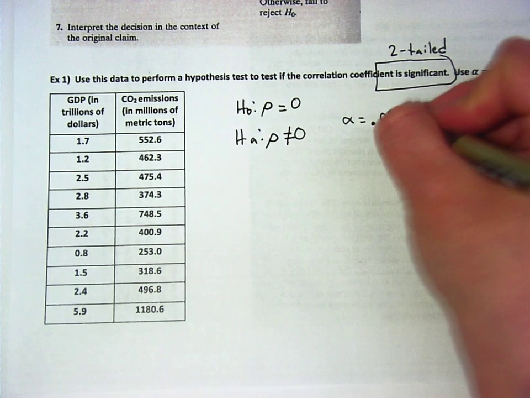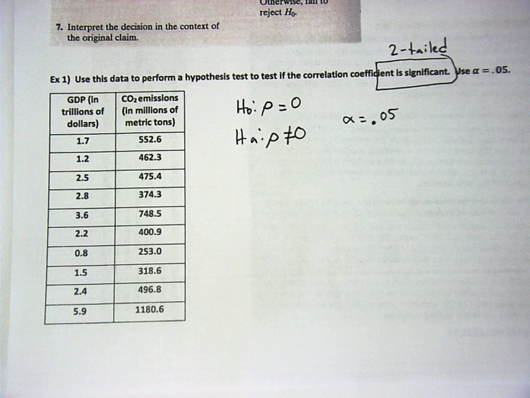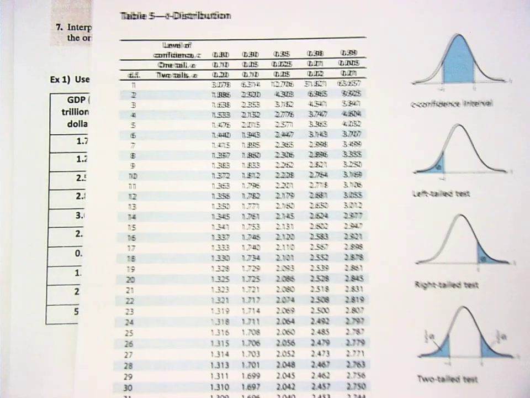Now, we've got alpha equals 0.05. Okay, so grab your t-charts. This is two tails.